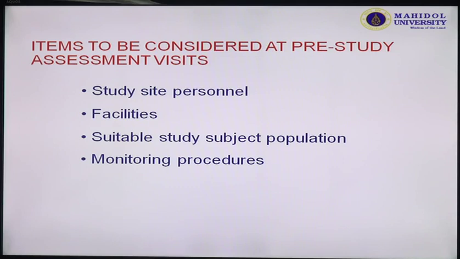Now when you assess the site, the doctor will say, I have this and I have that. Or if you want to study oral infection like caries, the dentist will say, I have plenty of them. But when you select according to inclusion, ask them to check a list per inclusion and exclusion criteria.